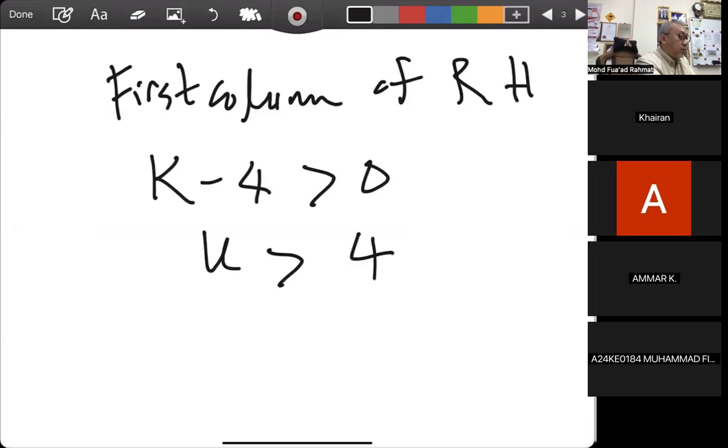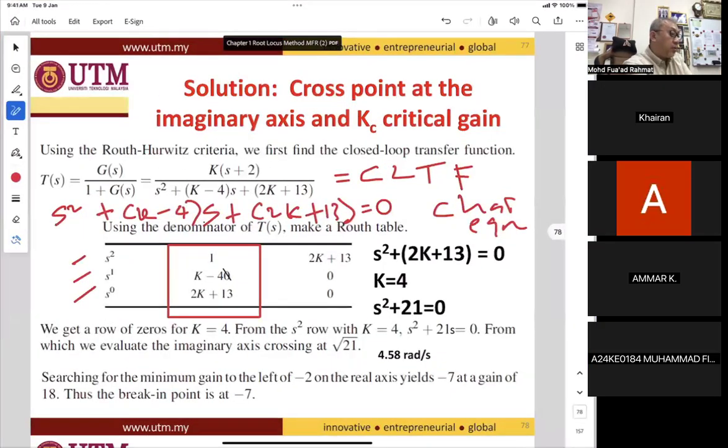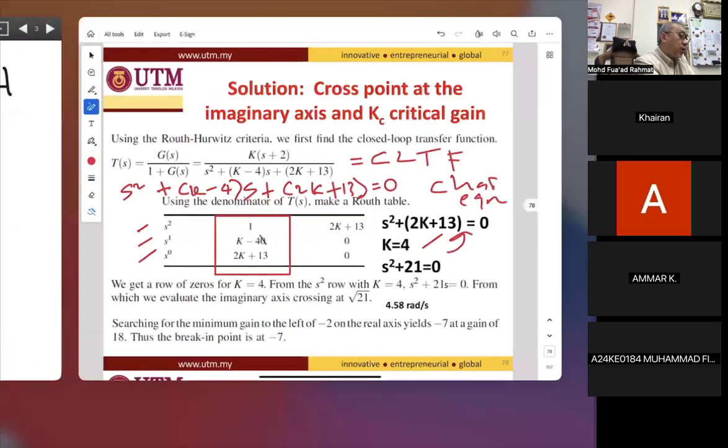So we choose K equal to 4, which will give you the critical gain, which is here. Then we insert it inside the even equation, which is s squared plus 2K plus 13 equal to 0. Then we get s squared plus 21.